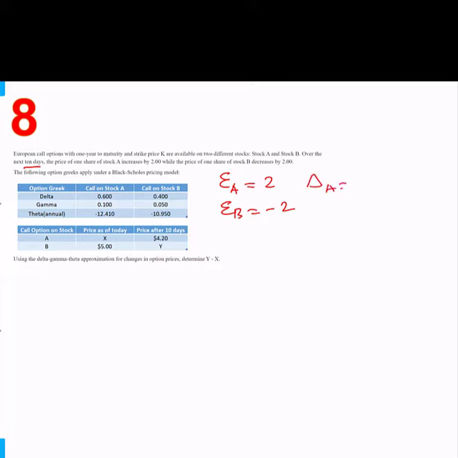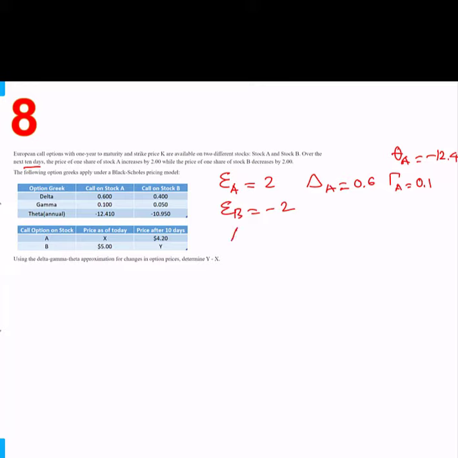And we have a table. For the call on stock A, we got delta A is 0.6, gamma A is 0.1, and theta A is negative 12.410.